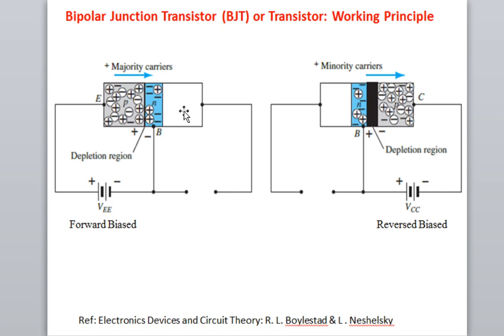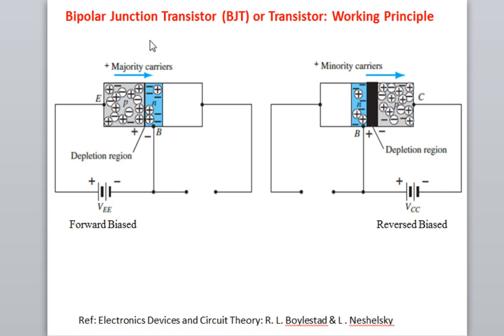So this PNP is in forward bias, and when a diode is in forward bias, we have learned already that a current flows in a PN junction, known as the forward current, and whatever forward current is flowing is basically because of the majority charge carriers.